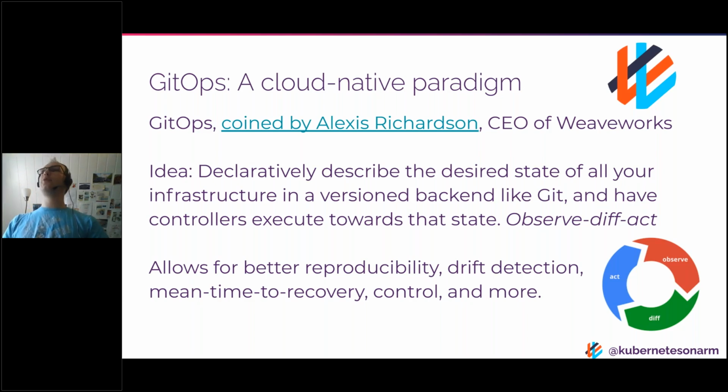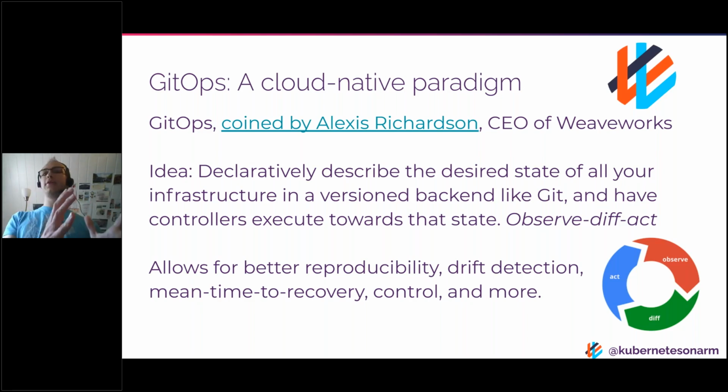So say that you would put your DNS records in Git, and then you put that I want these different DNS records to exist. Then you do git push, and then you have some controller that looks at, okay, well, these DNS records don't exist at the moment. So I observe the landscape, then I diff the desired state and the actual state.